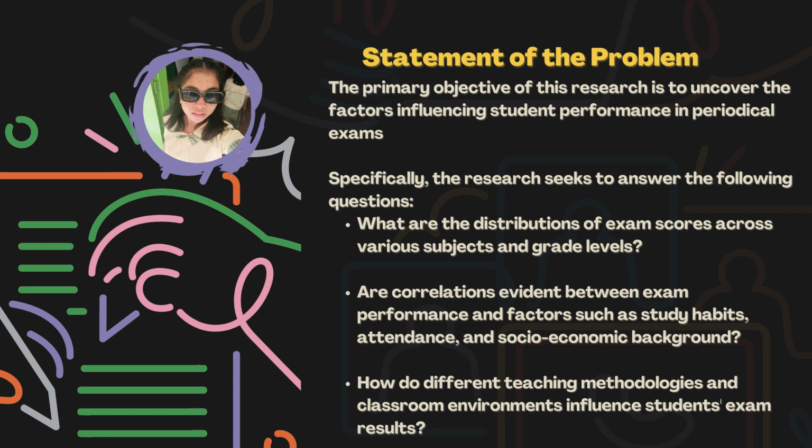It is also a statement of the problem since it includes the questions that need to be answered in the research paper. And we could see that the main problem aligns with our title. And also, there is no statement of the problem that has no research questions.